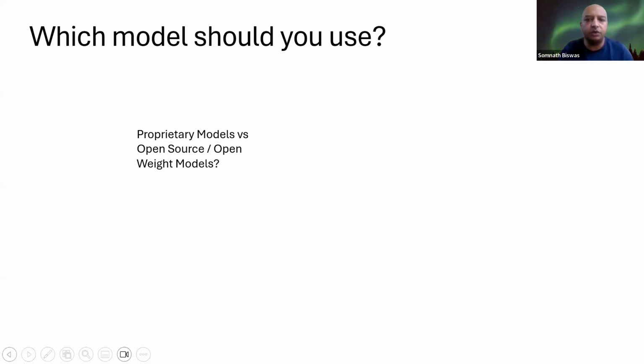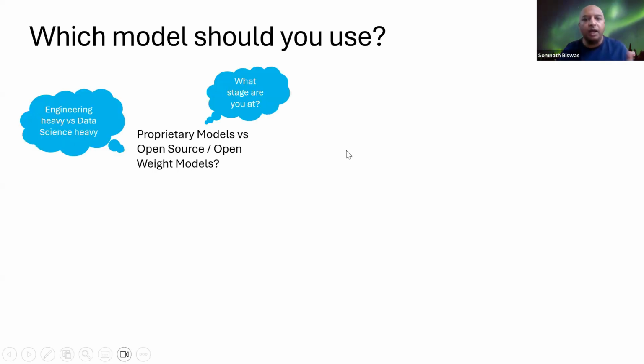But when it comes down to the models, you have a few decision points. For instance, do you use a proprietary model? Do you use an open source or open weight model? The answer is it's always easier if you just go for a proprietary model, and it's by and large very engineering led. So if you have an engineering heavy setup and you don't have a lot of data science firepower, start off with a proprietary model.